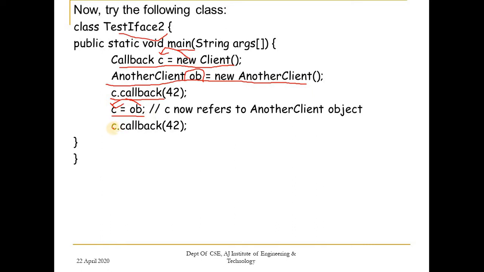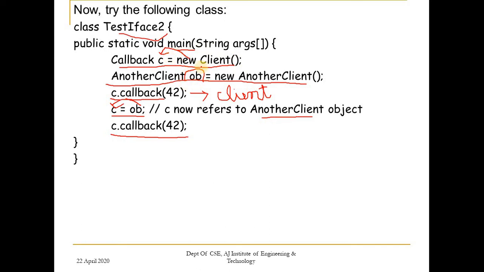So I can call C.callback(42), and it will call the callback method of the AnotherClient class. Earlier, C was assigned an object of the Client class, so there it called the callback method in the Client class.